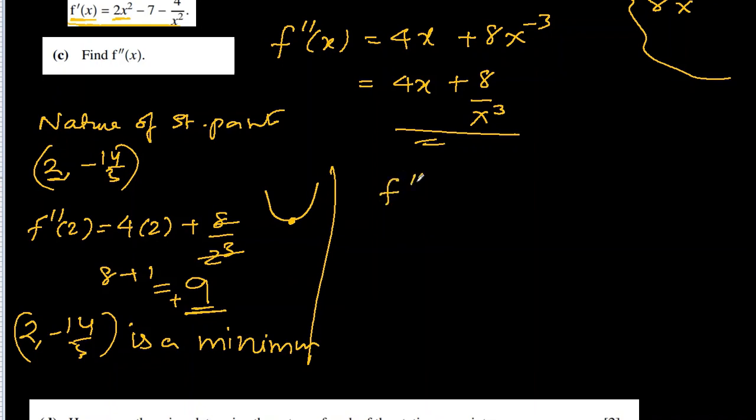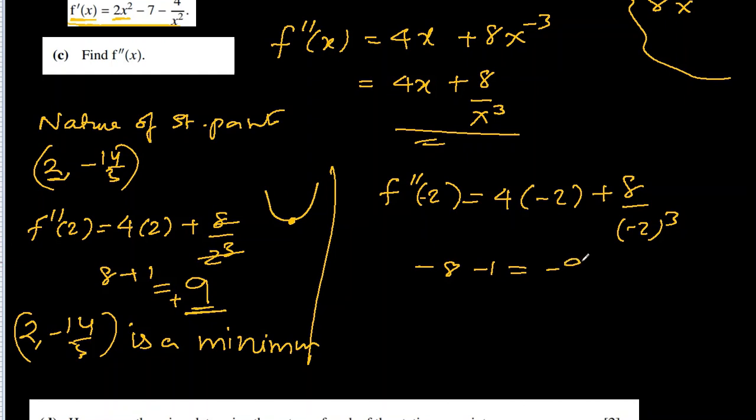Similarly, let's put in the second derivative of minus 2, and that will be 4 times minus 2 plus 8 divided by minus 2 cubed, which will be minus 8, and 8 divided by minus 8 will be minus 1, which is minus 9. So it's negative.